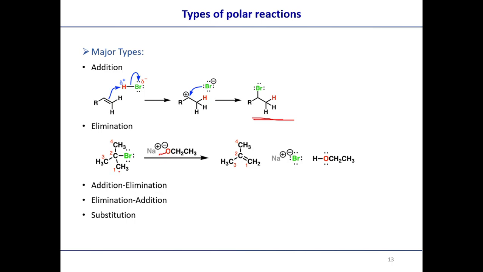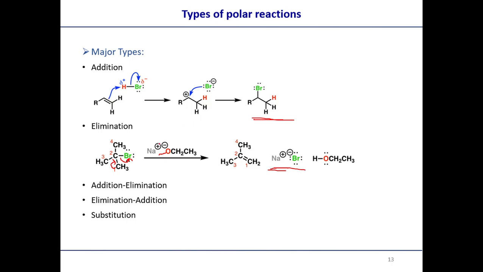This carbon will become negatively charged if the proton is abstracted by this species, and then this negative charge will move like this arrow pushing and knock out Br minus, correct? And this Br minus will be stabilized by the counter ion Na plus. NaBr will form during the reaction.